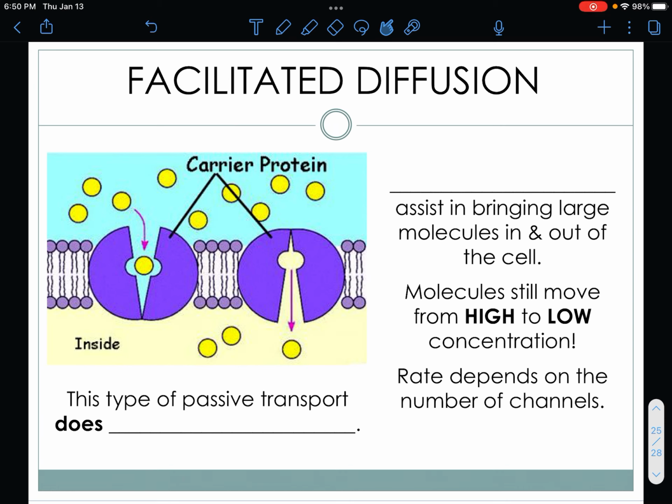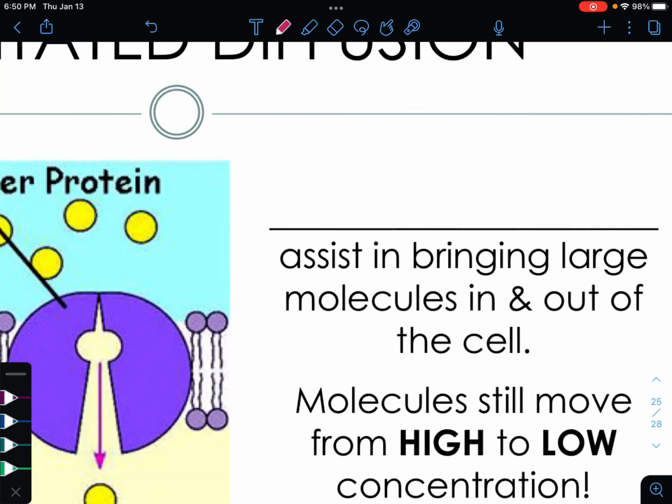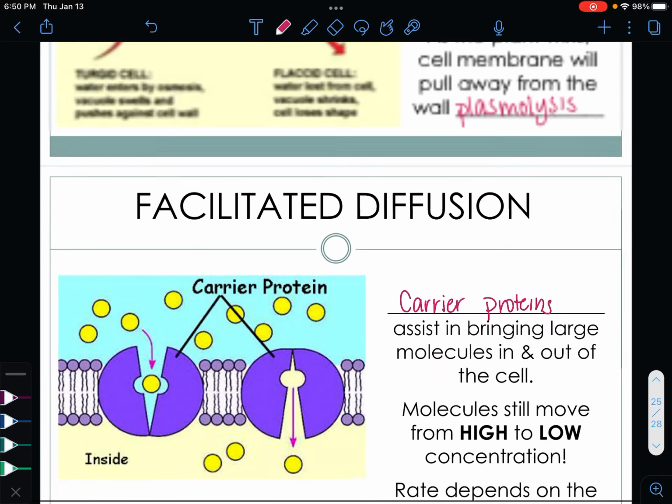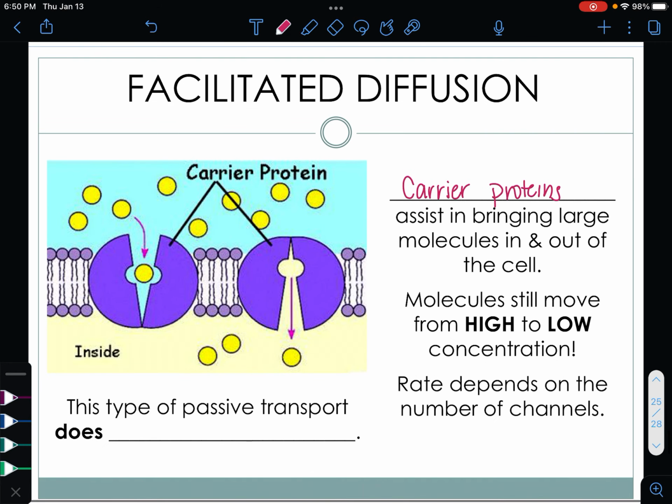All right, facilitated diffusion. So facilitated diffusion is a special kind of diffusion, and it needs the help of carrier proteins. These carrier proteins are located within the cell membrane, and what they do is help bring larger molecules into and out of the cell. You can imagine them as little doors that help bigger things come into and out of the cell. The molecules are still going to move from high to low concentration.